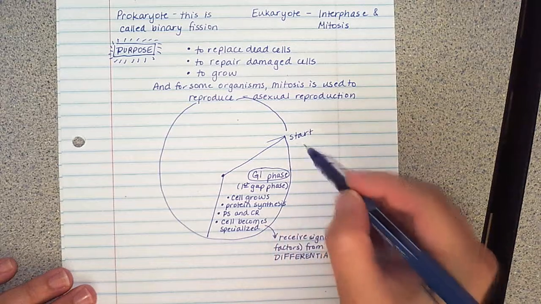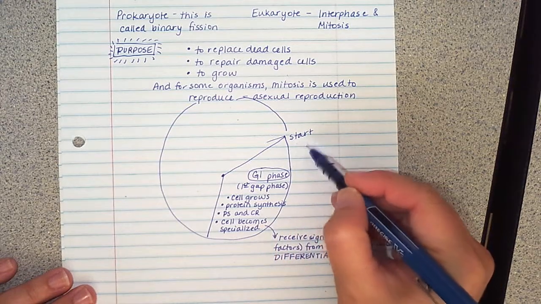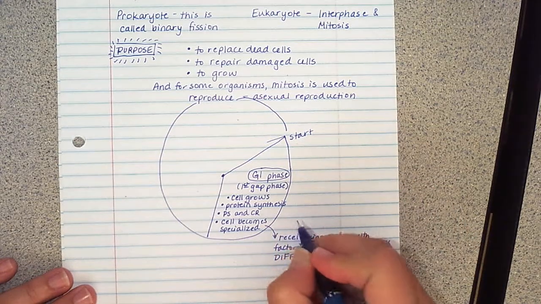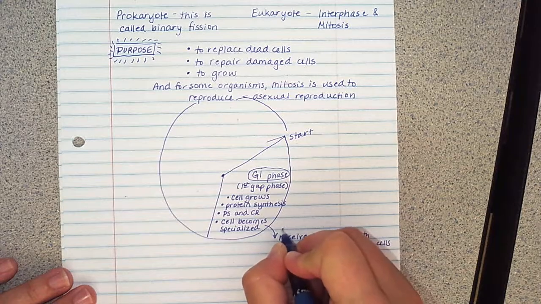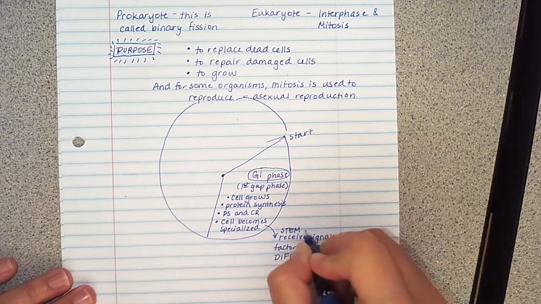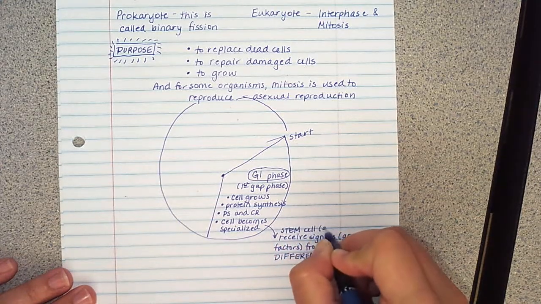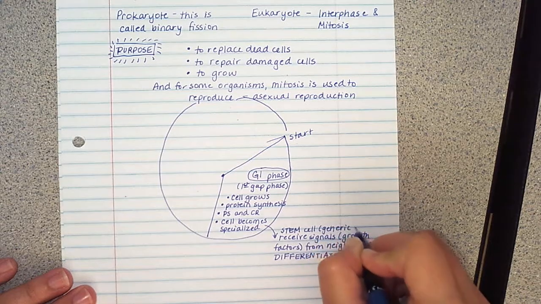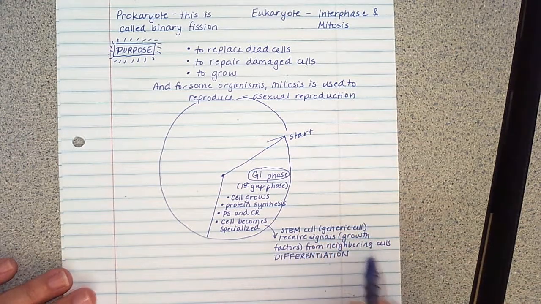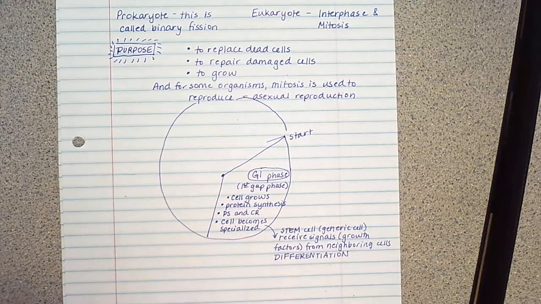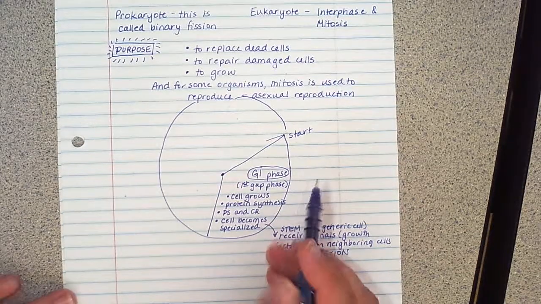So when I had told you that it starts off as a generic cell, another word for that, and you've probably heard this, is a stem cell. So the stem cell, or the generic cell, receives the signals or growth factors from the neighboring cells to go through this process called differentiation. And so all of that is happening in the G1 phase.